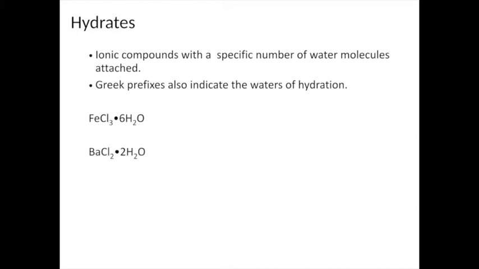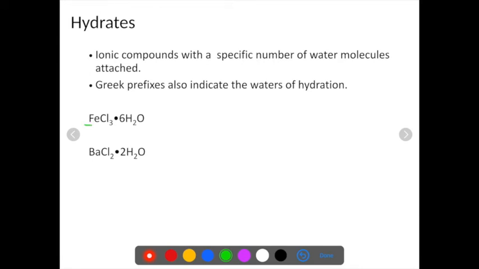So let's name the ionic compound first, right here. Fe is iron, and iron has multiple ions, and we know the 3 goes to iron because the 1 is for chlorine. So iron(III) chloride. Chloride is the name of the ionic compound.